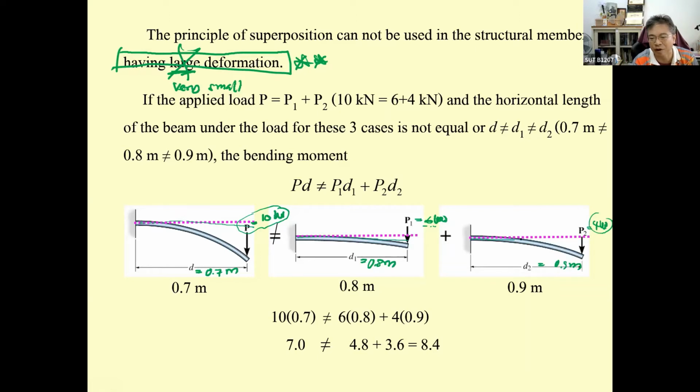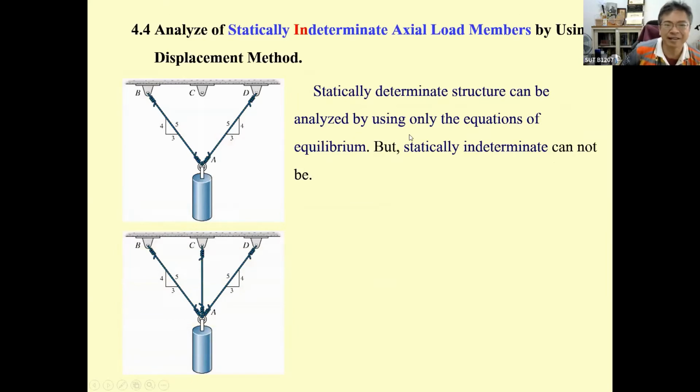When it's the same length, D1 equals D2 equals D3, and let's say it's equal to 1.0 meter. Based on this, 10 times 1 is equal to 6 times 1 plus 4 times 1. That is the meaning of small deformation as the assumption, the limitation to use the principle of superposition. Okay, next, I will explain statically indeterminate structures.